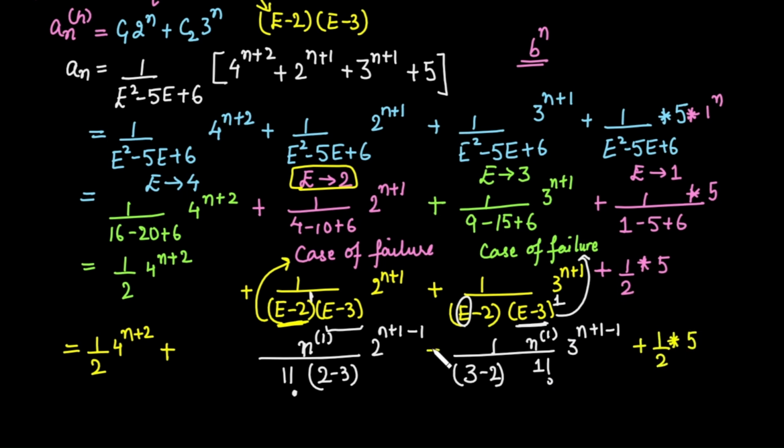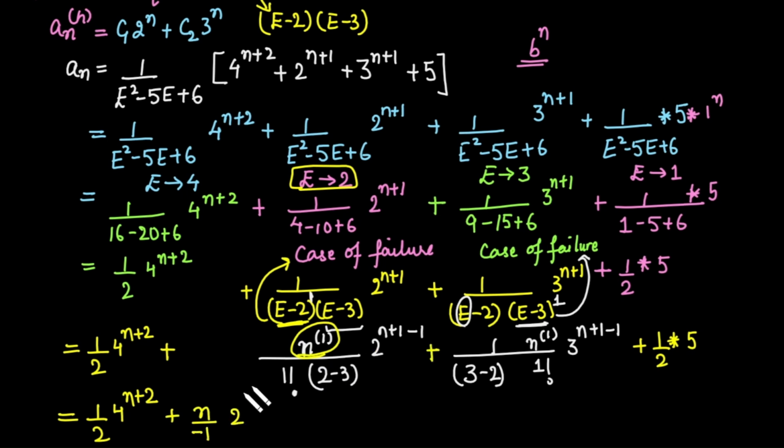And here we will put the plus sign. Simplify this. This is equal to 1 by 2, 4 raised to power n plus 2. N raised to power 1 factorial polynomial is equal to simply n by 1 minus 1.